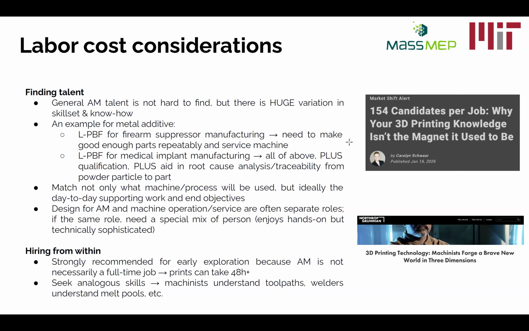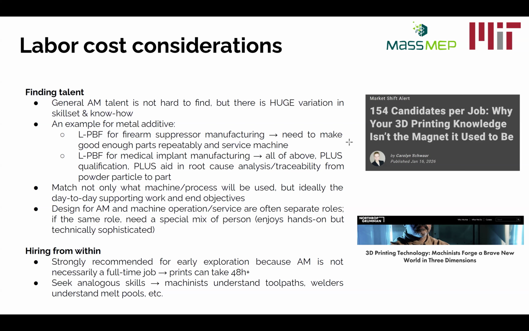And so you also just want to think through that you're going to need a very special kind of person who can do all three, who can comment on geometry and tweak geometry in a way that is still good engineering but allows the printing process to operate more smoothly.